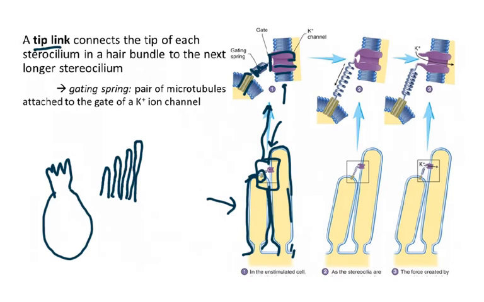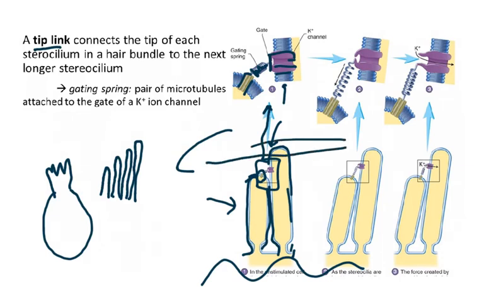And what happens is when that basilar membrane vibrates, remember that tectorial membrane is right here. And so when these vibrate, this one gets pushed against it and maybe deflected backward, and it causes tension between these two stereocilia, which causes this stereocilia to pull on the spring that's attached to the gate.